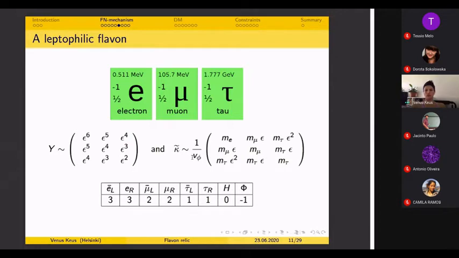So now, knowing roughly what the model looks like and what our interaction strengths are, we can go ahead and see what experiments have predictions or constraints for this model.